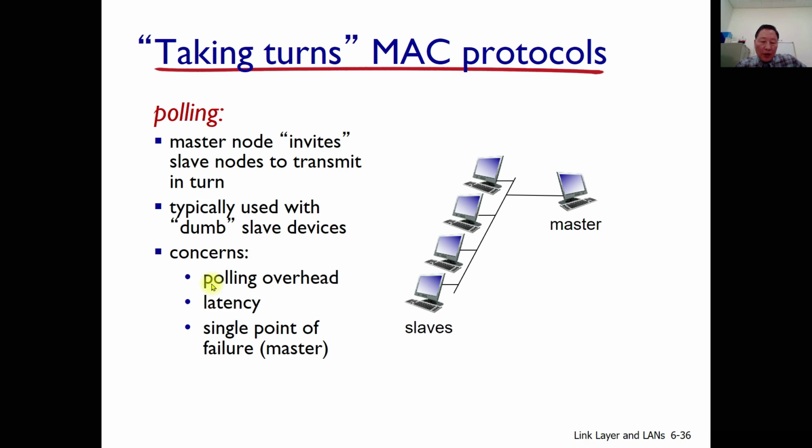Here are the concerns we should think about. Polling overhead is not good, the latency, the delay time, is not good, and the single point of failure is also a main disadvantage of this scheme. If the master fails, then we cannot use this anymore.